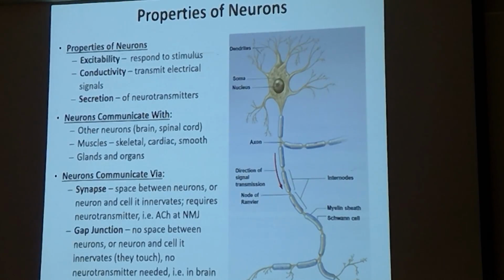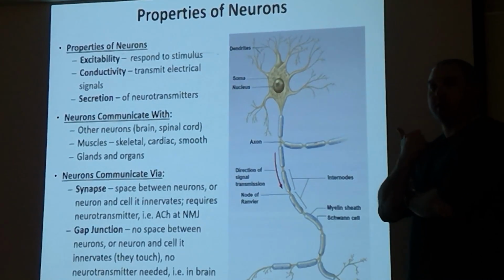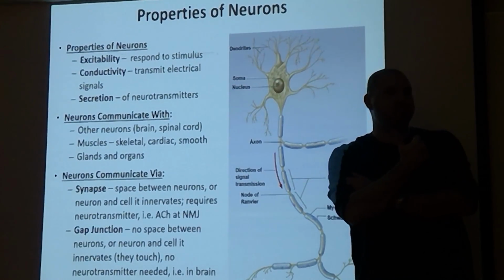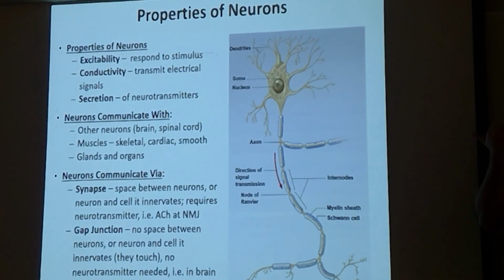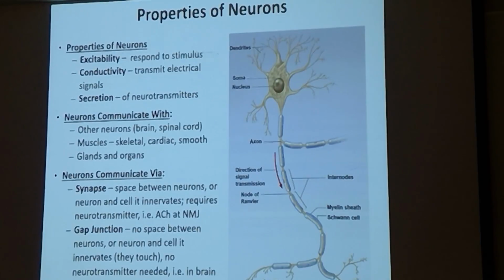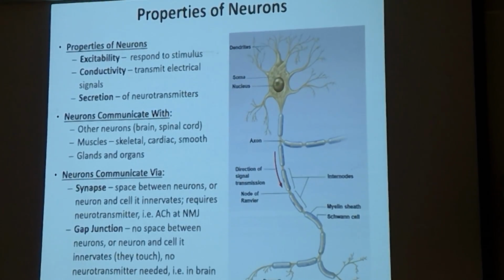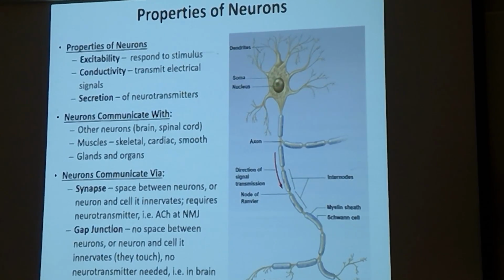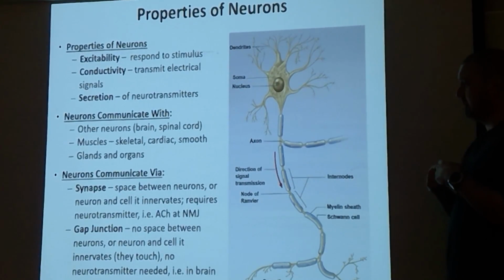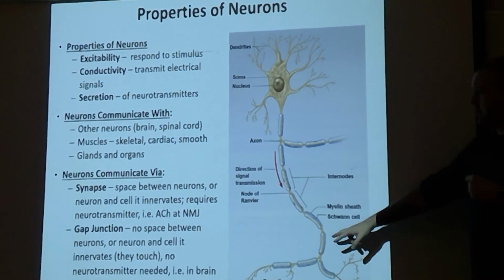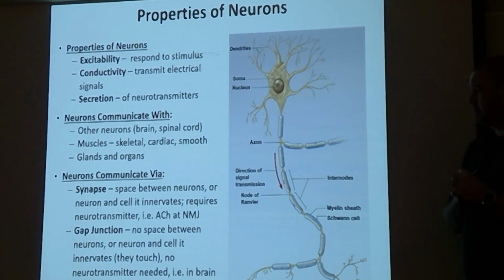When we talk about gap junctions, what type of connection is a gap junction again? We talked about them in general biology. Remember when two cells were together but shared the same cytoplasm because they had openings in the cell membranes that enabled them to communicate very quickly. There are no spaces between the neurons for gap junctions.